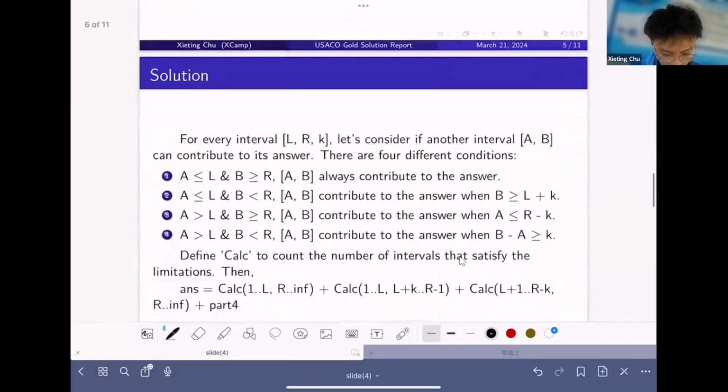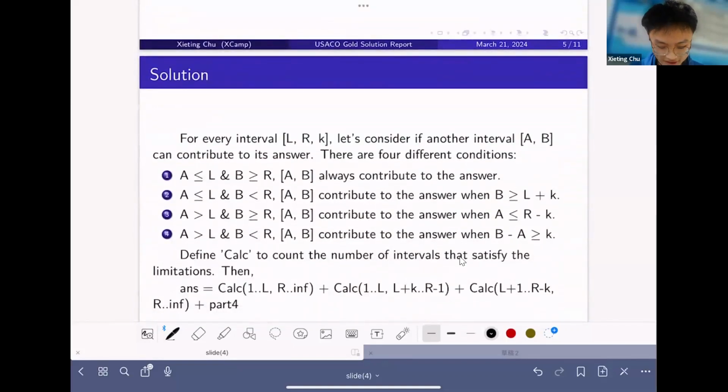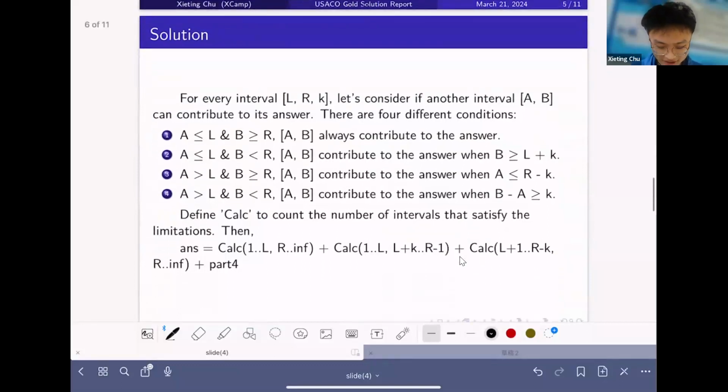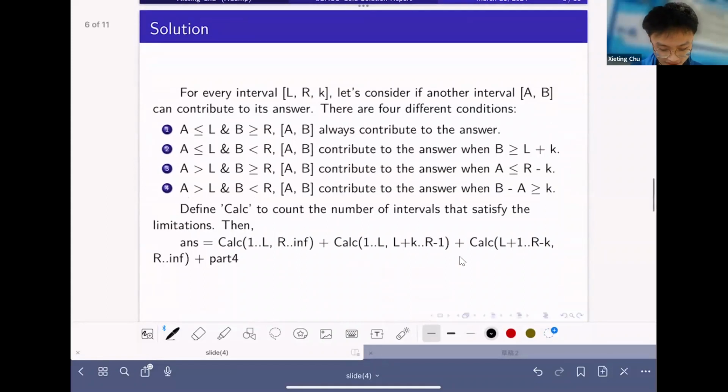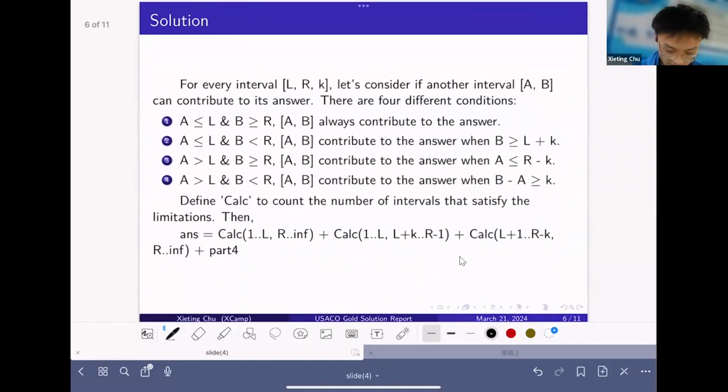So how to solve this problem? You just need to talk in detail about all the conditions. There are many ways to go through each condition, but here I just introduce one. For each interval L, R with a limitation of k, let's consider if another interval AB can contribute to its answer.